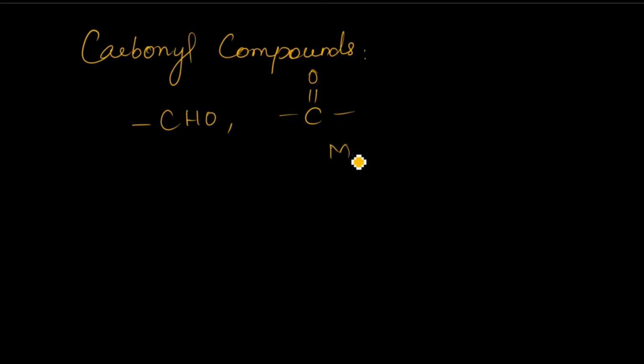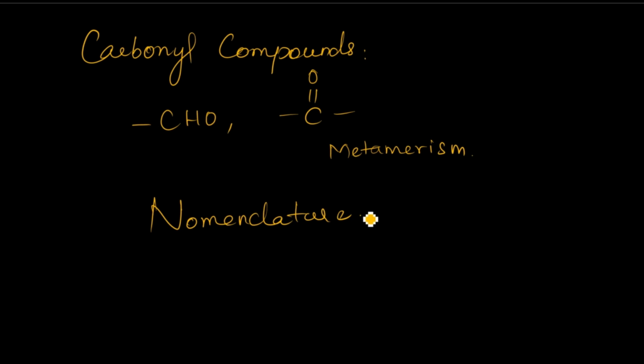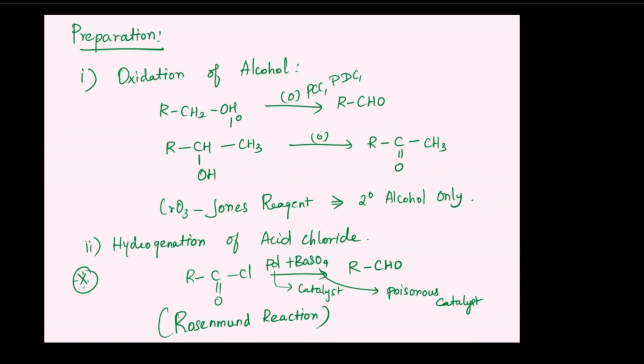This can exhibit metamerism, so be careful with that. For the preparation part and the naming part, just revise. Nomenclature questions can also be asked. We also included the nomenclature here. So the nomenclature part is also important in the case of carbonyl compounds.